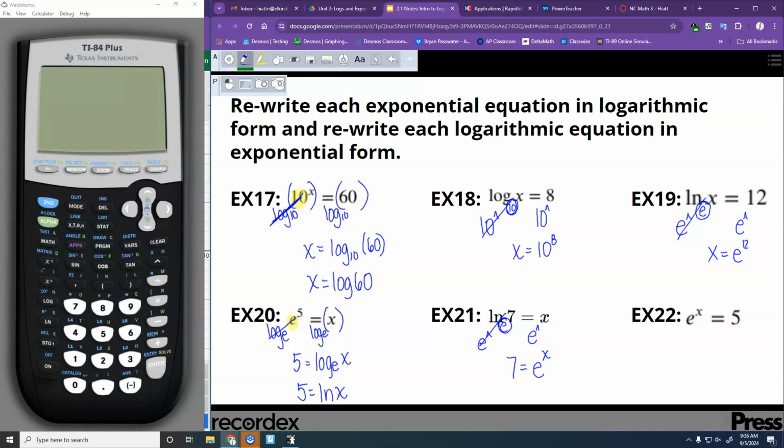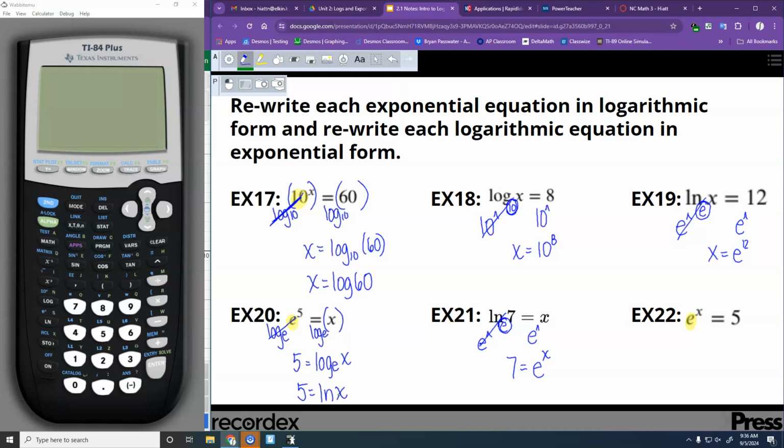Okay, questions so far? All right, last one. Jonas, is that a log or an exponential? It's exponential, so we need to try to turn it into a log, right? And if we're going to turn it into a log, we're looking at the base of the exponent that we want to get rid of. What have I got to do to both sides? Not going to raise it to a power because it's already a power. It's already an exponential. What I've got to do here is turn it back into a log, right?